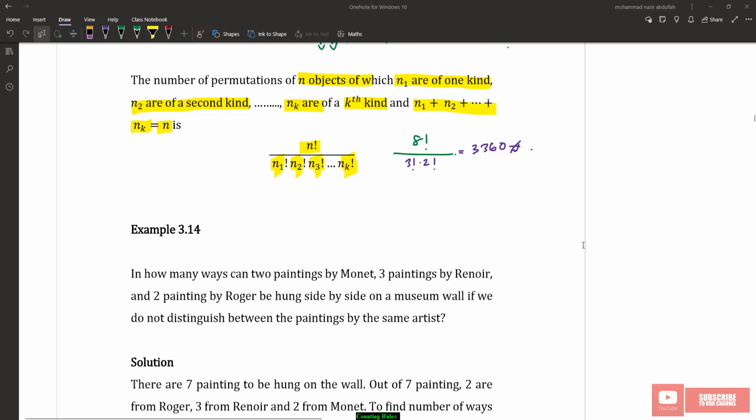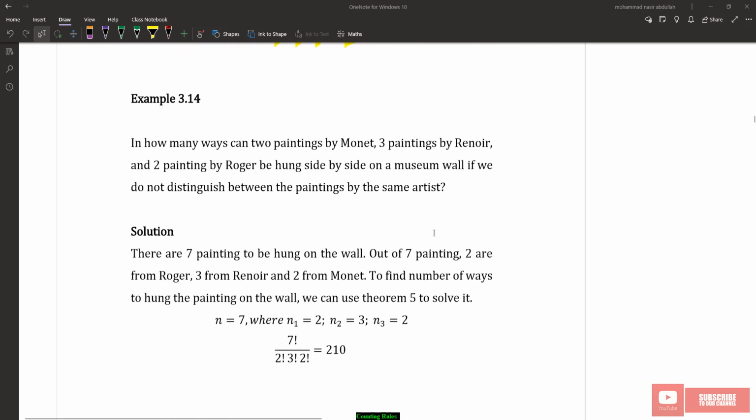Alright, let's move on so we can finish early. Now let's look at example number 3.14. In how many ways can two paintings by Monet, three paintings by Renoir, and two paintings by Roger be arranged? The paintings by the same artist are the same object.